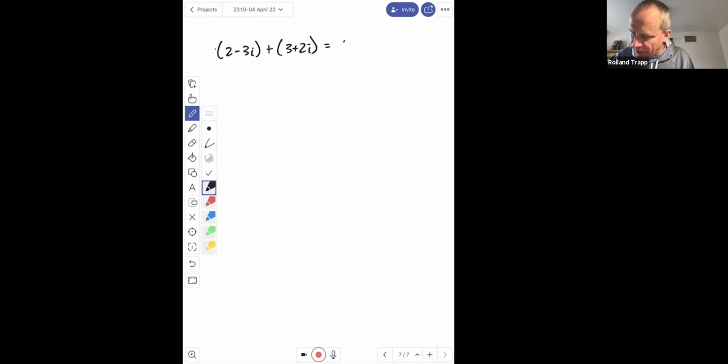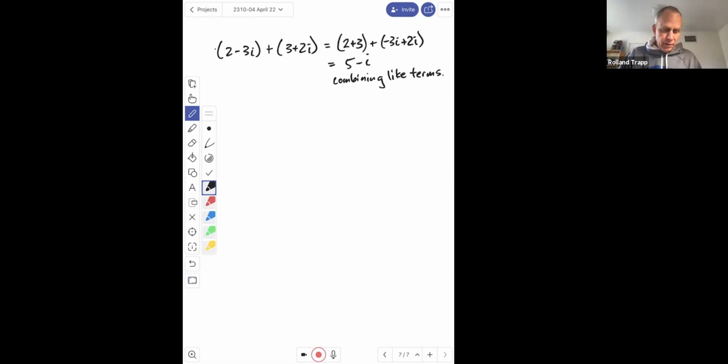I'm going to look at the 2 plus 3, and then the minus 3i plus 2i, and combine like terms. So this is going to give me 5 minus i. Okay. That's complex addition. Complex multiplication: 2 minus 3i times 3 plus 2i.